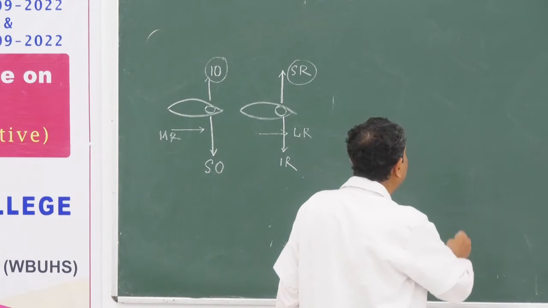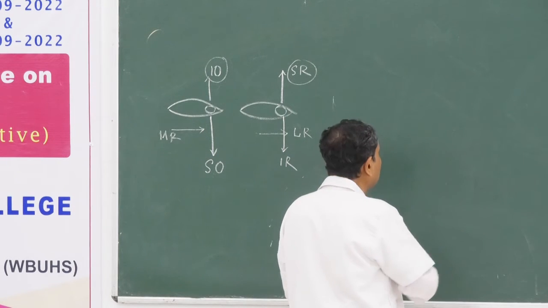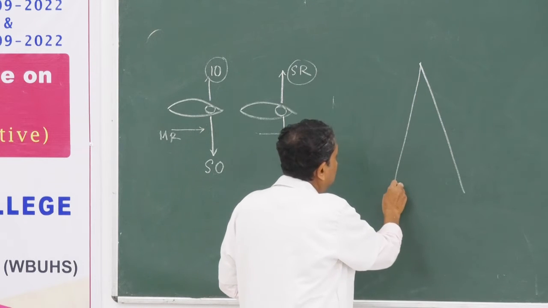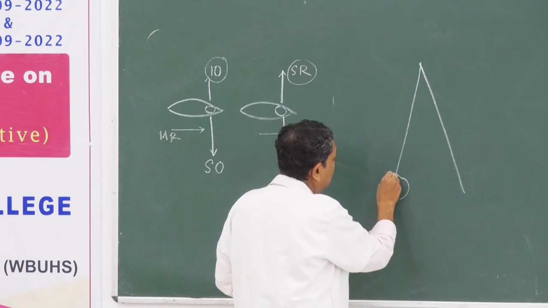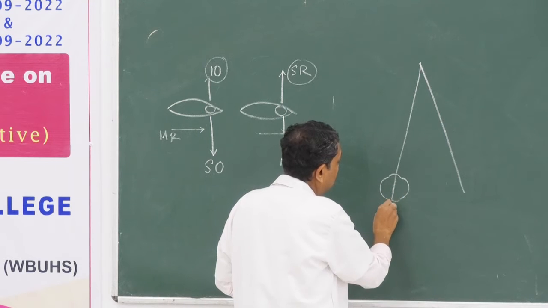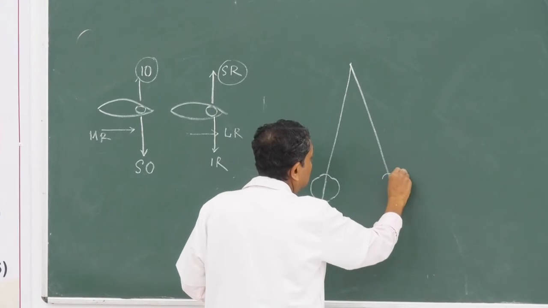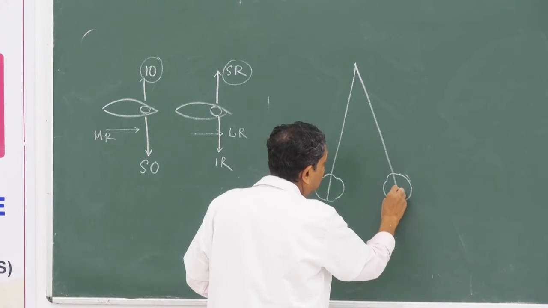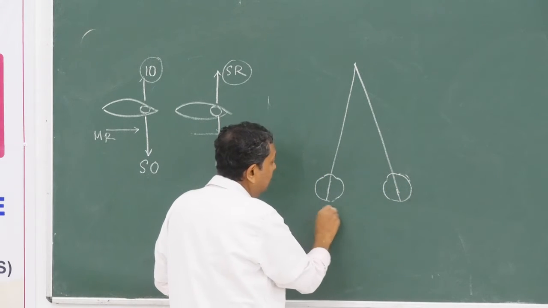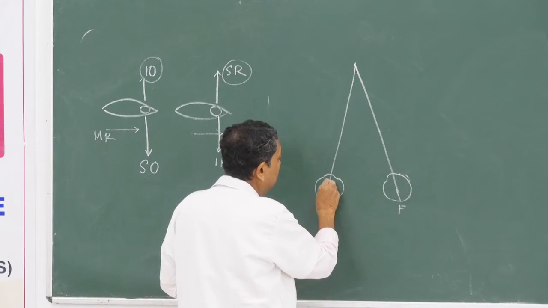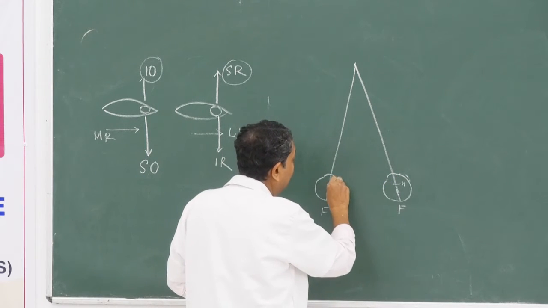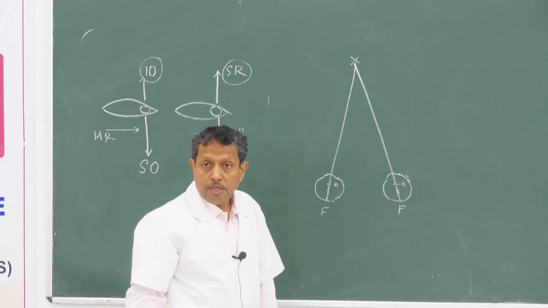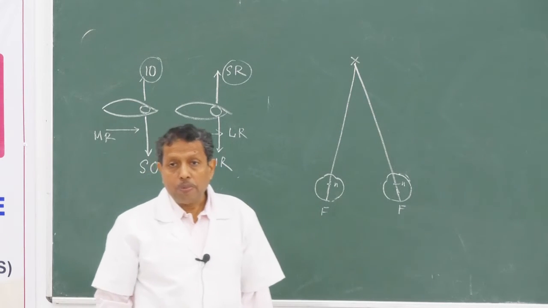Normally, in the normal situation, the visual axes meet at the point of fixation, and there is no diplopia.